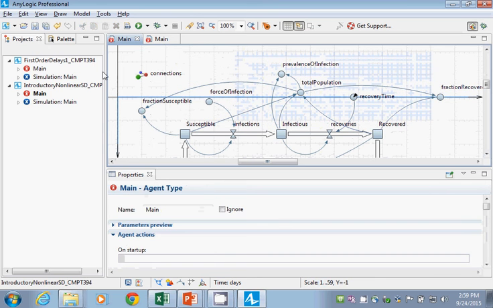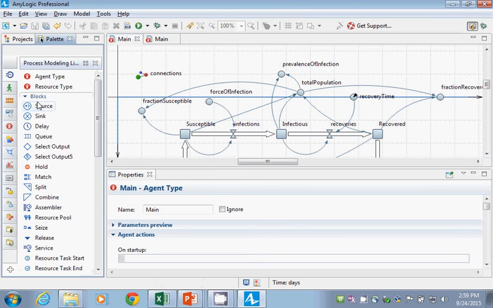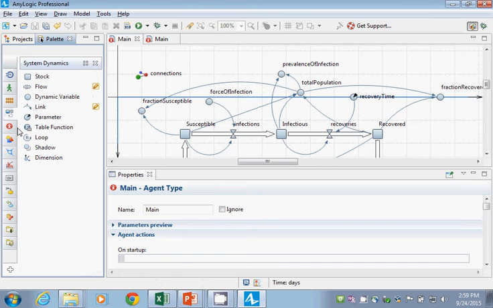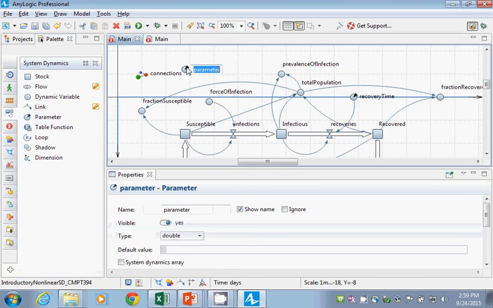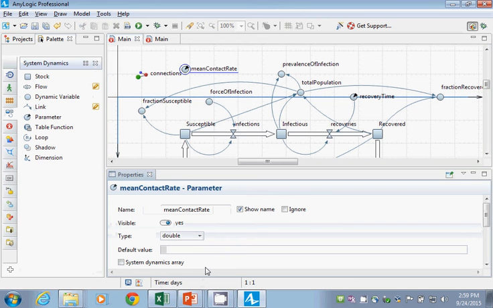Okay? So this force of infection, how might it depend on these things? So let's add a contact rate parameter. So we'll have mean contact rate. People per day per person. Number of people that I contact as a given person in the population. Okay?